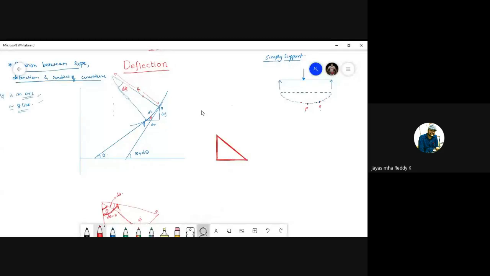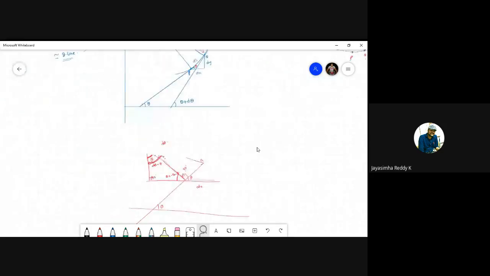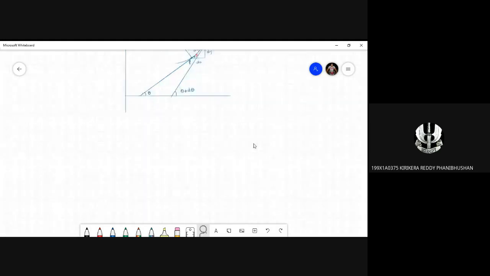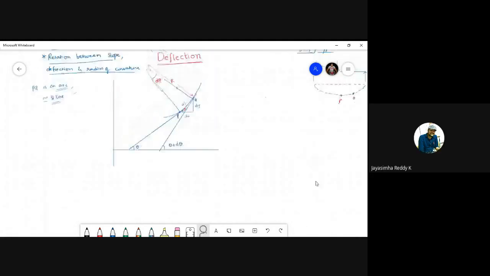Now let us go into this derivation, students. All of you observe this figure carefully, so that based on this figure we'll write the relation between slope, radius of curvature, and deflection. Sir, does the radius of curvature come only at Q, does it not come at P? No, at P also it is the same length.